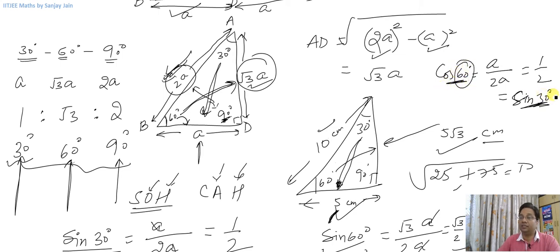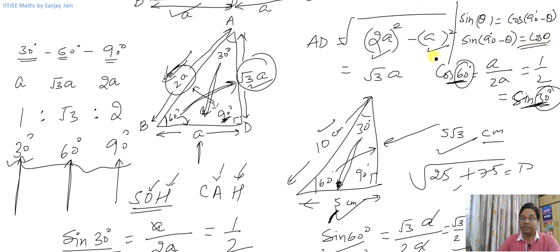This 60 and 30 you can notice are complementary angles. So we will learn in a short while that sine theta is equal to cos of 90 minus theta, or you can also learn that sine of 90 minus theta is equal to cos theta. This can be easily noticed from here.